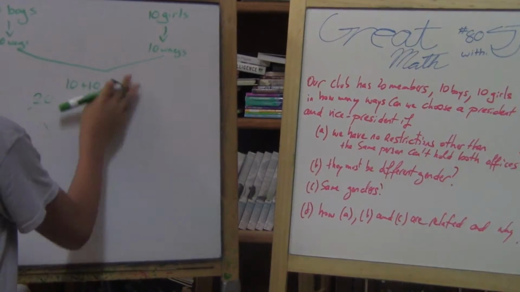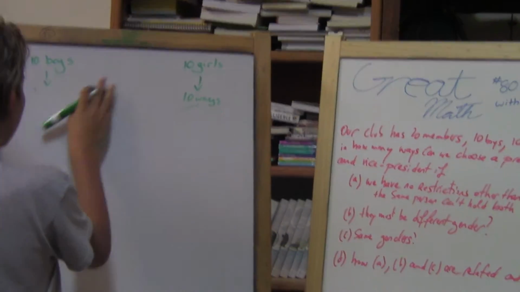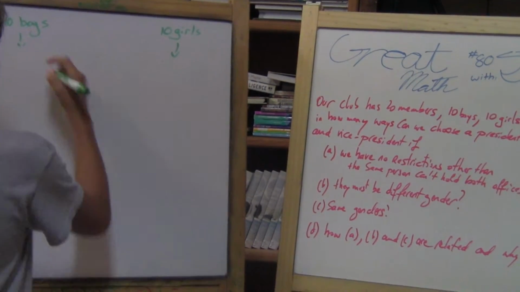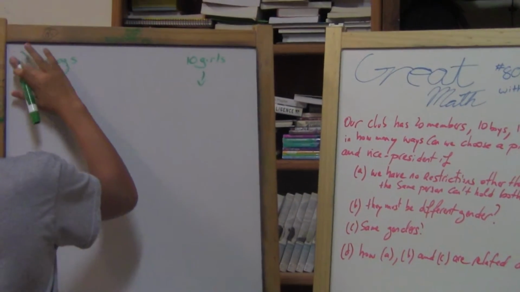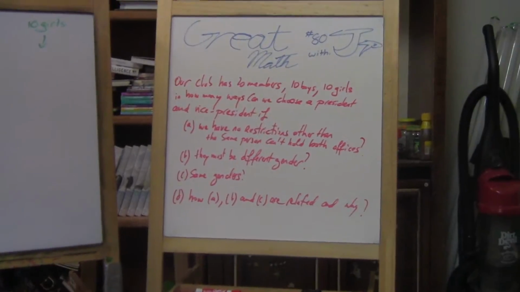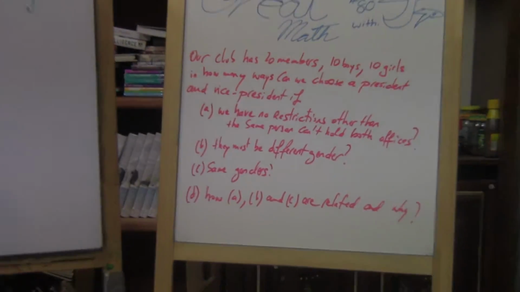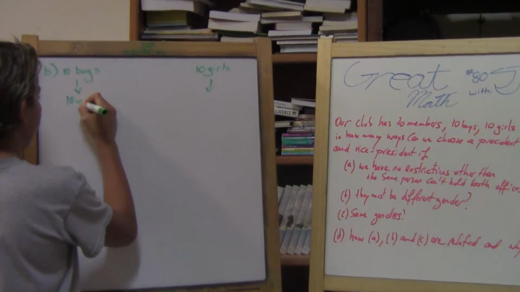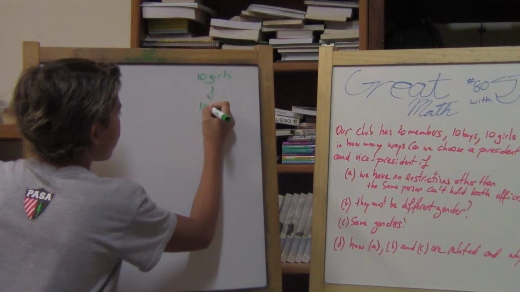Okay, we're moving on to the next one. So A is done. Now let's move on to B. If they must be different gender. Okay. So there's still 10 ways for the boys, and there's still 10 ways for the girls.